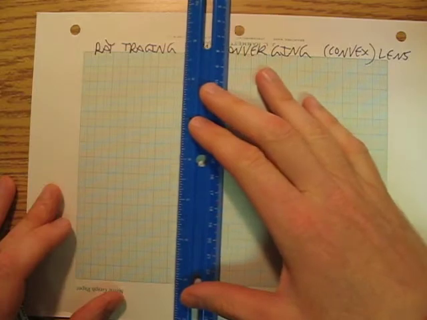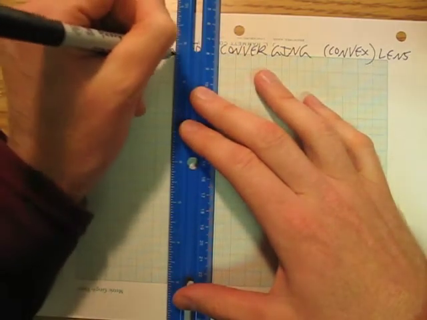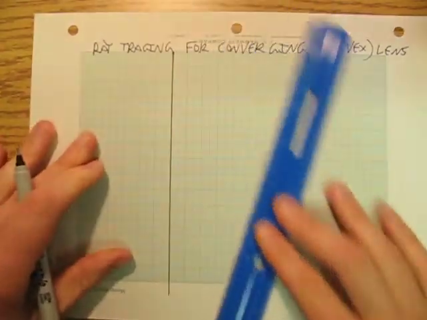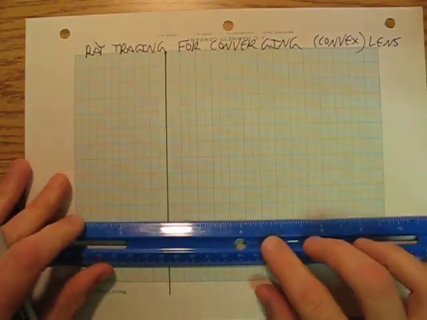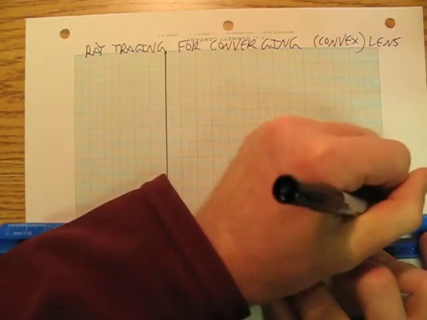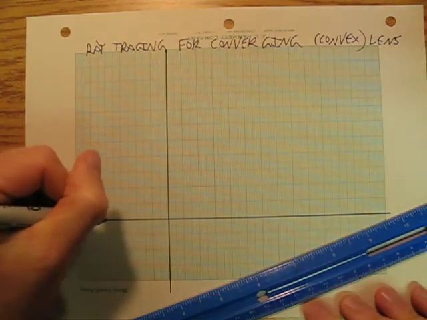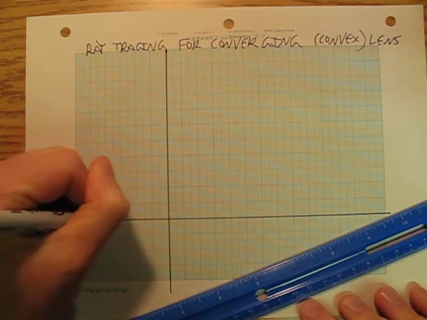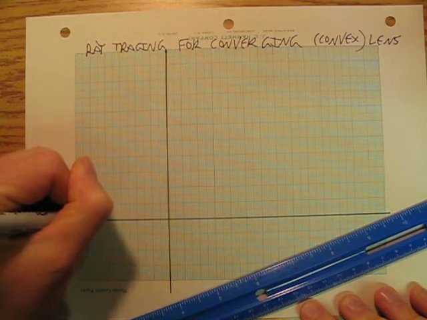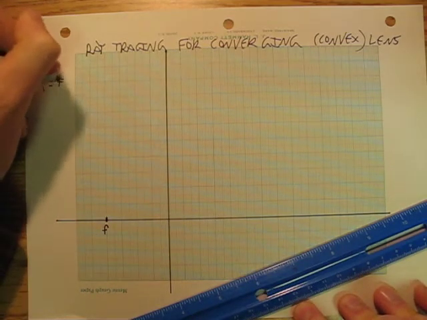And so I'm going to give myself a little space because I know what's going to happen with this diagram. I'm going to put my focus right there. So focus is 4 centimeters.